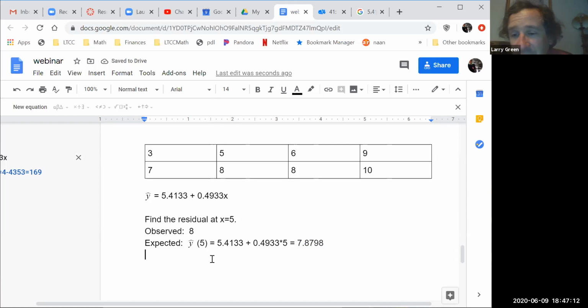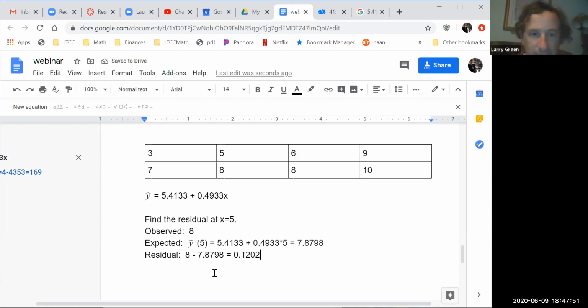So how do I find the residual? Yeah, we go O minus E, but in particular, it's 8 minus 7.8798, which is equal to, let me do it in my head, 0.1202, I believe.